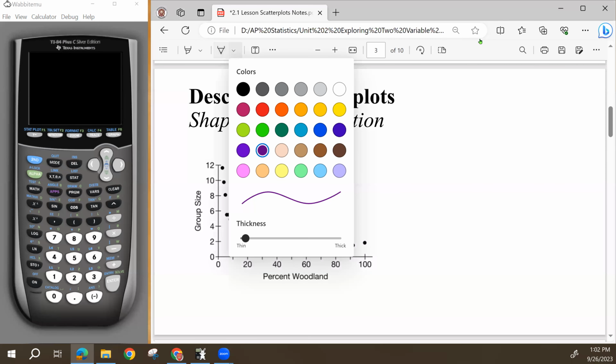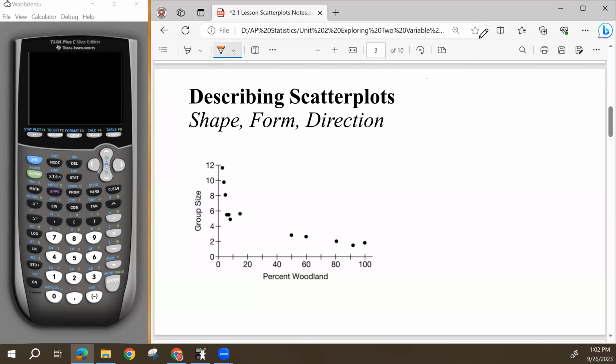So our shape we will describe typically as linear or curved in some way. Our form we are going to talk about as sort of a level of strength.